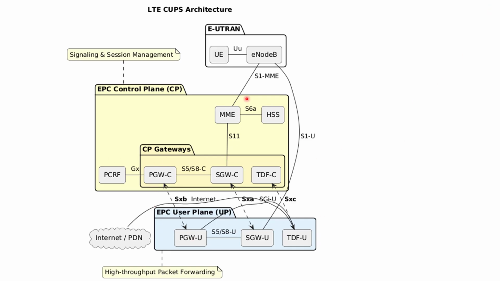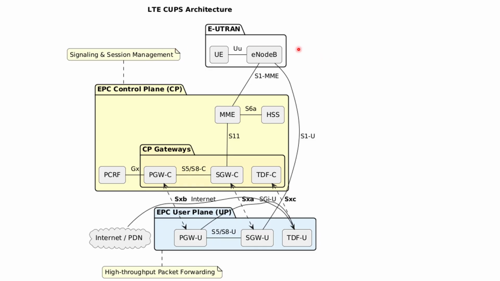So here, if we talk about the architecture background, it is the same: we have the access network and the core network. The entry point is the same.